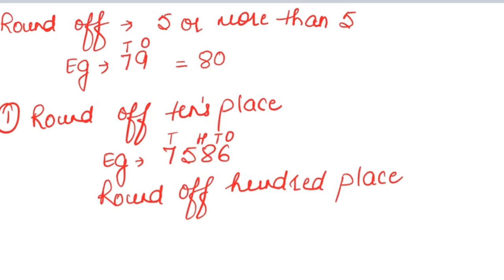If the digit at tens place is 5 or greater, 5, 6, 7, 8, 9, replace the digits at tens and ones place by 0 and add 1. So, in this example, 7586 is given. Here we have 86, so how do we round off? Simply, we add 1 to this digit. So, 7600 is your answer.